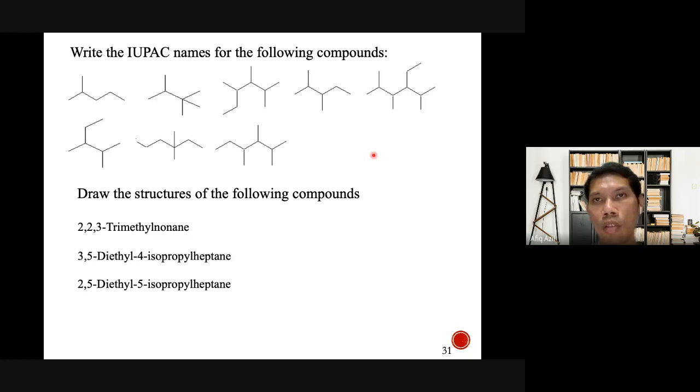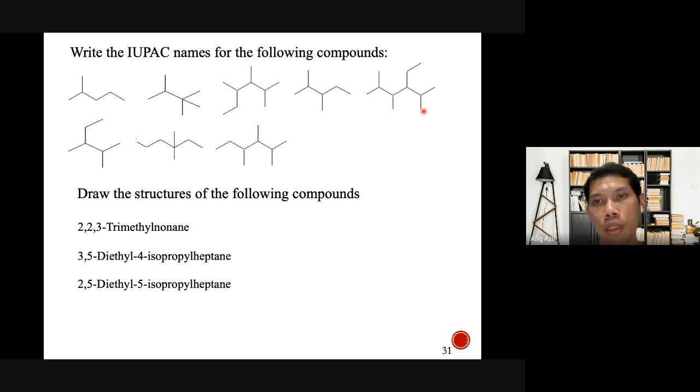So it is the same. Meaning all of the substituents will be at carbon number 2, 3, 4, and 5. But now you have to look at the substituents that are present. So you have methyl group, and methyl group.